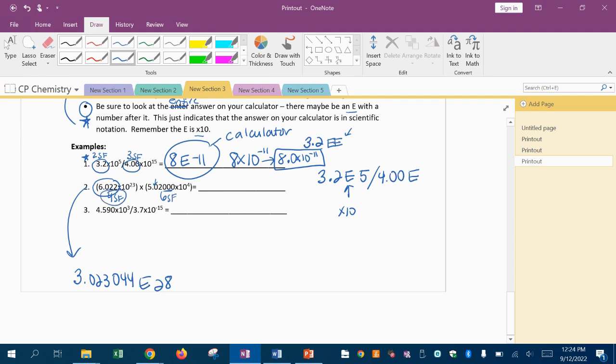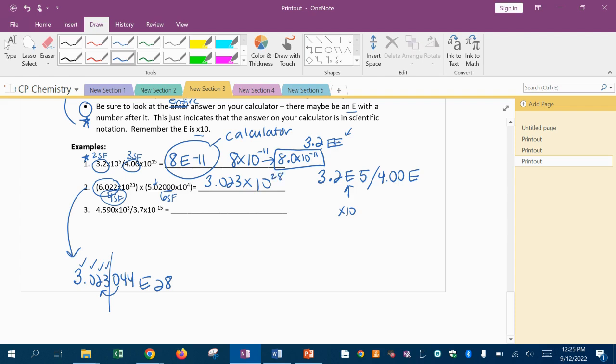So my answer, I have 4 significant figures. So let's go through. 3, 0, 2, 3. That's where I'm going to cut my number off. This 0 says keep the 3 the same because I don't want to round up. 5 or higher rounds up. So I have 3.023 times 10 to the 28th. So remember the E is times 10, 28th power.